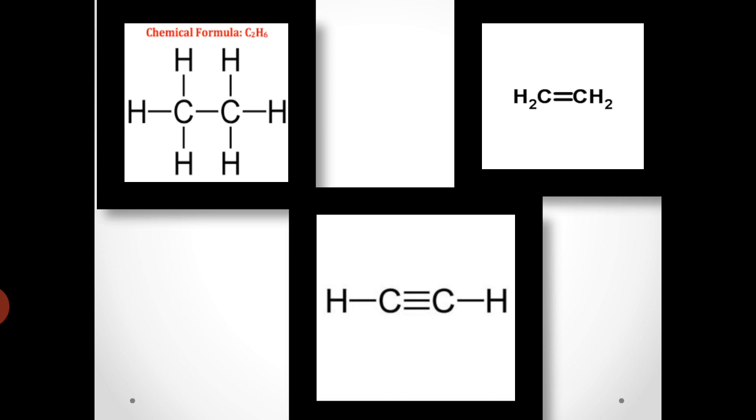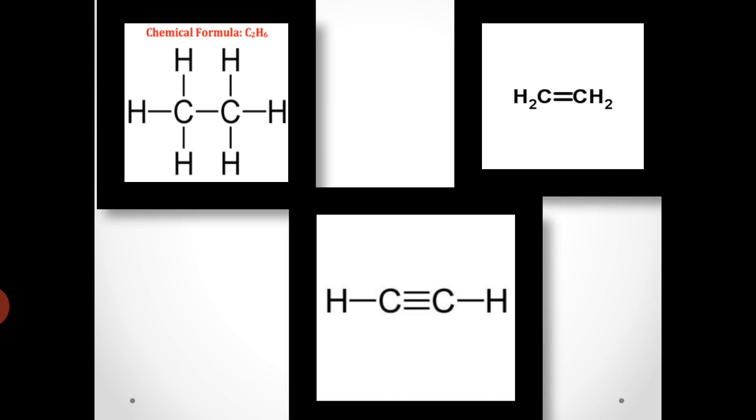You can see first ethane, a single covalent bonded carbon atom, and in the second you can see ethene, also called ethylene, and number 3 at the bottom is acetylene, or ethyne. So ethene and acetylene have double and triple covalent bonds, while ethane has only a single covalent bond.